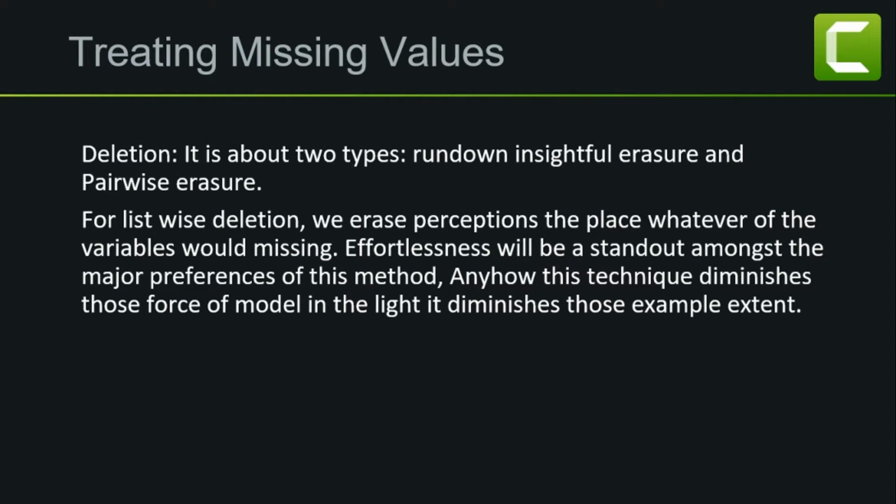In pairwise deletion, we perform analysis with all cases in which variables of interest are present. Advantage of this method is it keeps as many cases available for analysis. One of the disadvantages of this method is it uses different sample sizes for different variables. Deletion methods are used when the nature of missing data is missing completely at random, else non-random missing values can bias the model output.